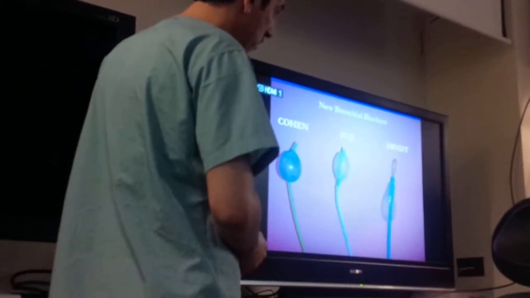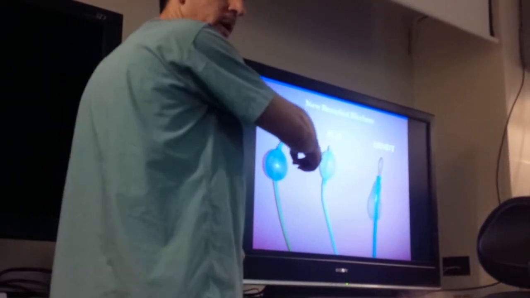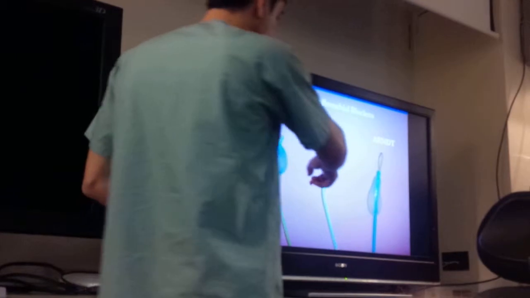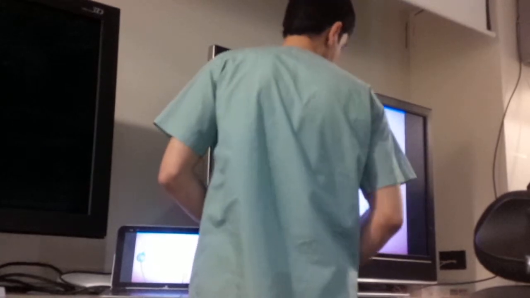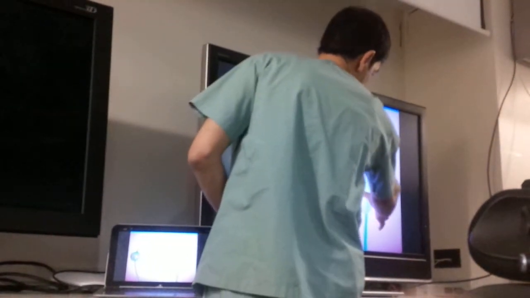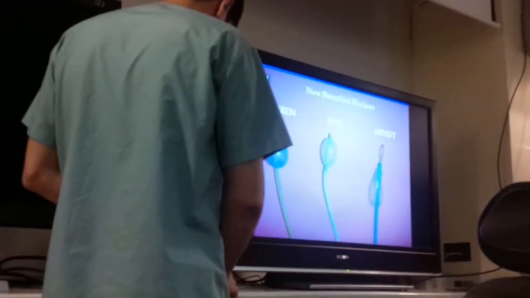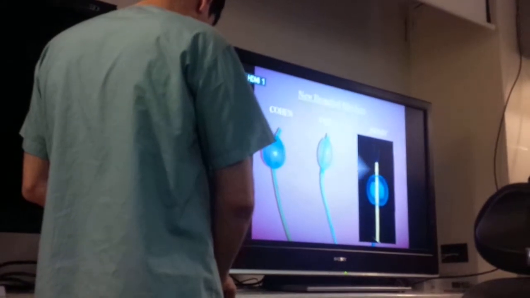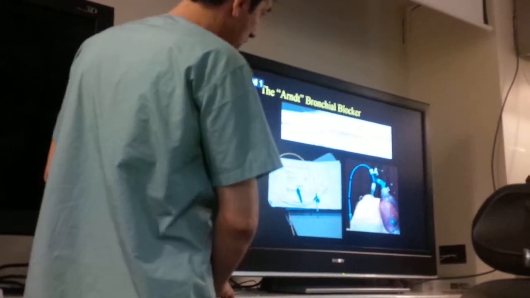This is a different kind of bronchial blocker. We have Arndt, we have Fuji. I don't know if we have Fuji here. We don't have Fuji. I think we have Cohen. We have Arndt. It's elliptical shape. It's like a mattress. So when you put it in the right side, it will inflate here, and it will not block the right upper lobe.